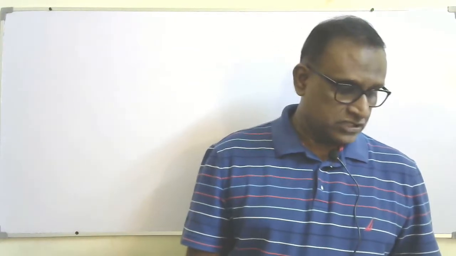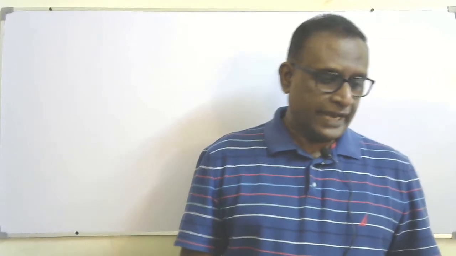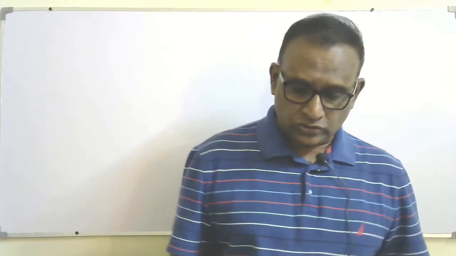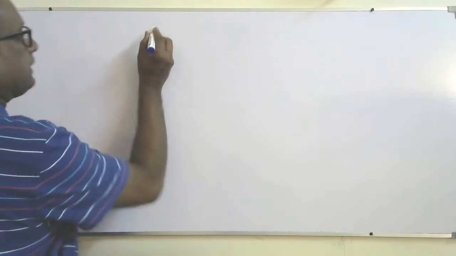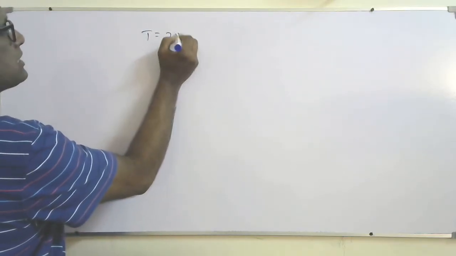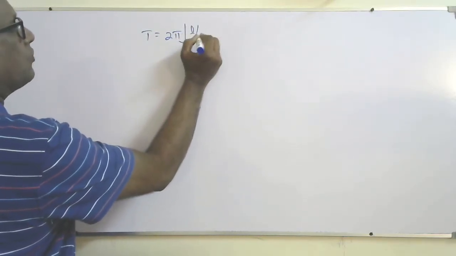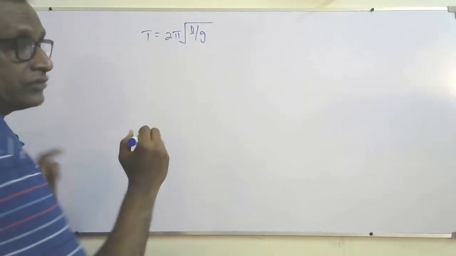Okay, question number 3. The gravitational field strength at the surface of the moon is 1/6 of that at the surface of the earth. A simple pendulum has a period capital T at the surface of the earth. What would be the time period of the same pendulum at the surface of the moon? There are four answers given. We know that for a simple pendulum, the period is given by T equals 2 pi square root of L over g, on the surface of the Earth.